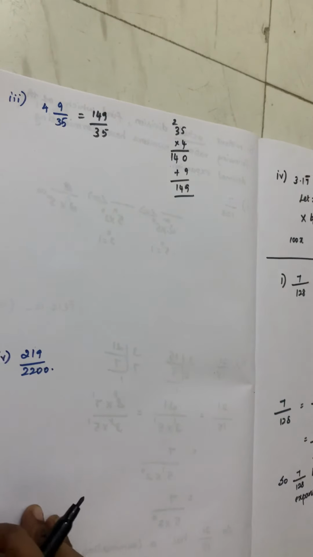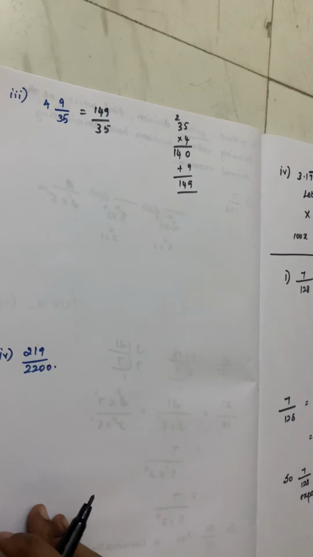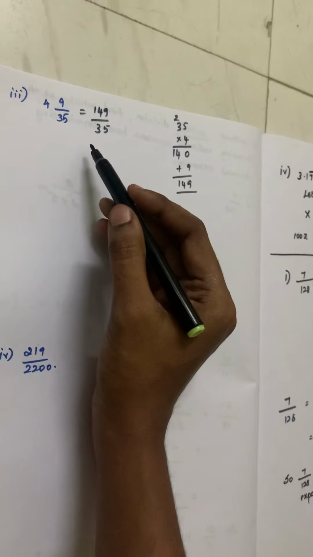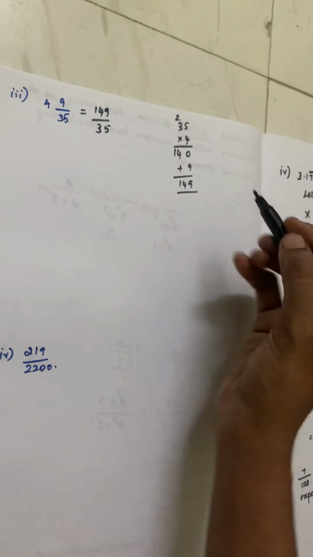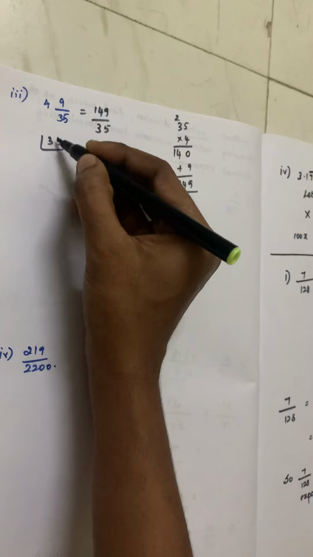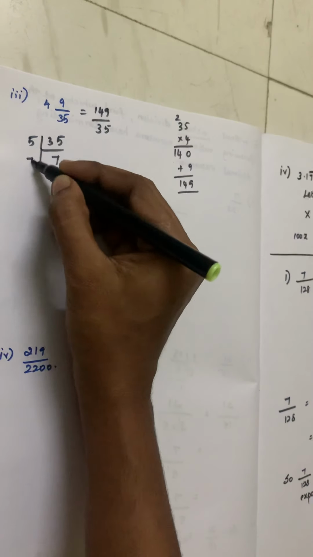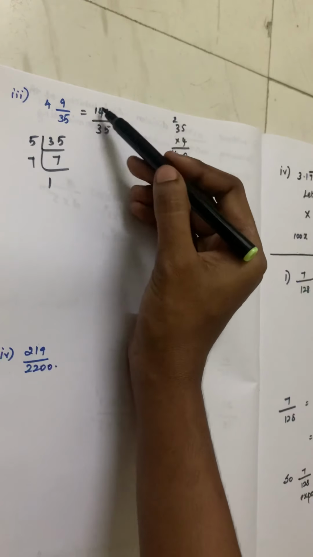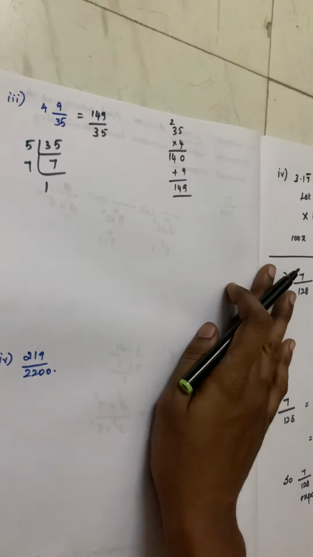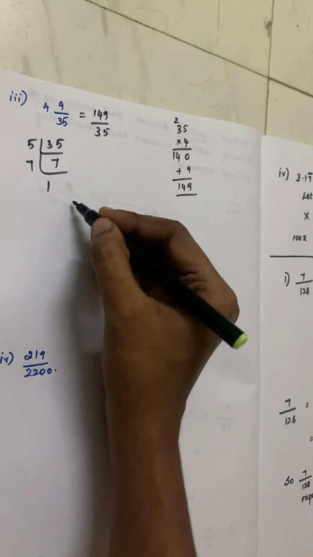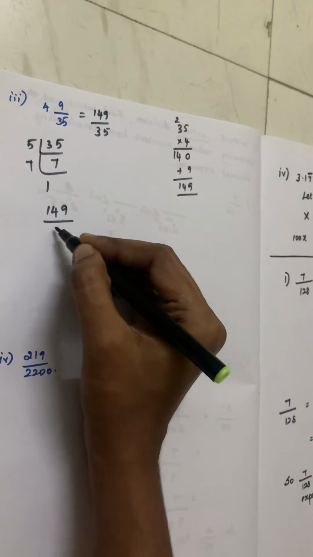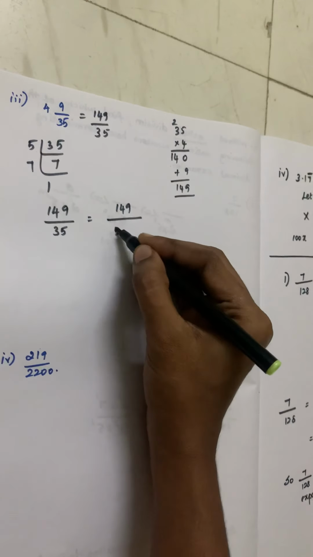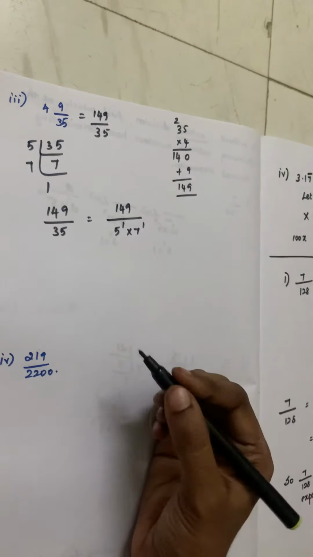First change the 35. 5 times 7, so 7 ones are there. Will this 149 go in any table? No, it's a bigger number. You can leave it as it is. So 149 divided by 35 equals 149 over 5 power 1 into 7 power 1.